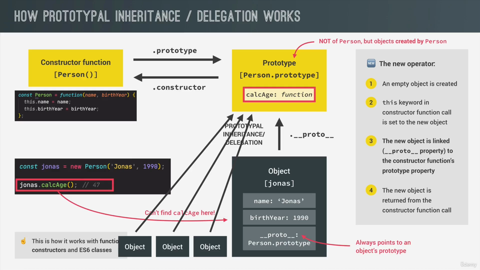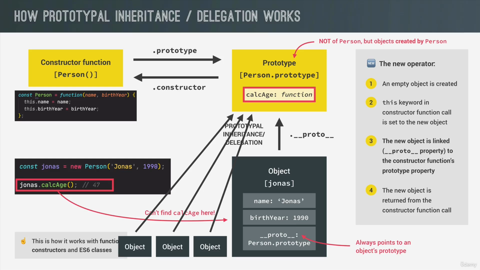Just imagine that we had 1,000 objects in the code, and if all of them would have to carry the calcAge function around, then that would certainly impact performance. So instead, they can all simply use the calcAge function from their common prototype. Okay? So that makes sense, right?